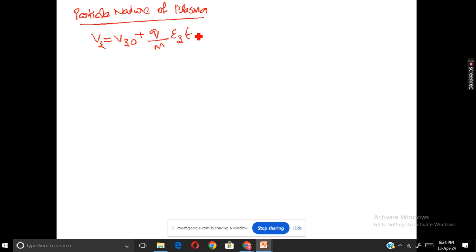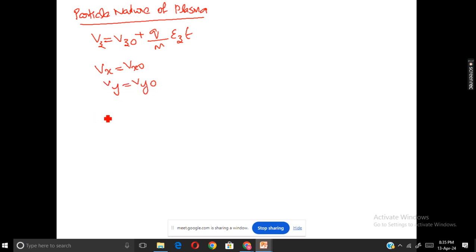Only V parallel is changing. So this is the equation, with Vx as Vx0 and Vy as Vy0.